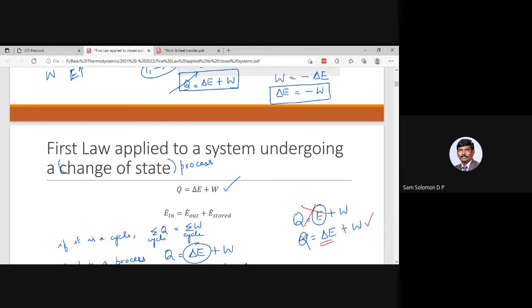Delta Q is equal to delta E plus delta W. I didn't say delta Q. I didn't say delta W. Why do I use delta E alone? Why not E plus W?